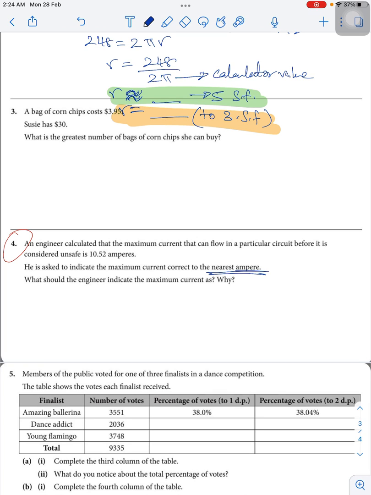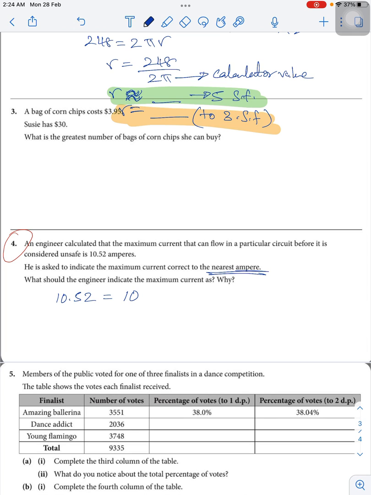So the nearest ampere for this case would be 10.52. Okay, the nearest ampere will be 10. Okay, it should be 10. Why?